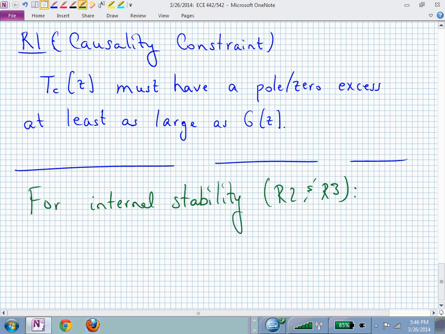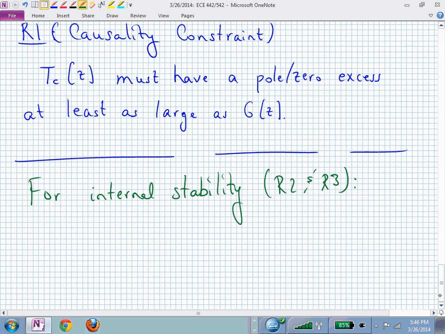Those 3 transfer functions have to be bounded input, bounded output stable, in addition to T sub C of Z being stable. So the next 2 restrictions, R2 and R3, are to guarantee internal stability, which we said one way to ensure was to not have our controller canceling unstable poles and zeros in the original system.